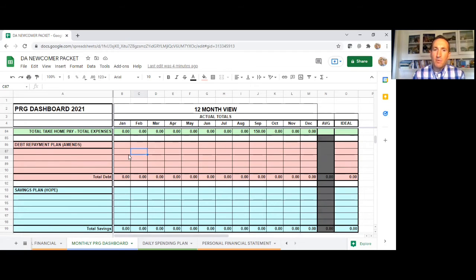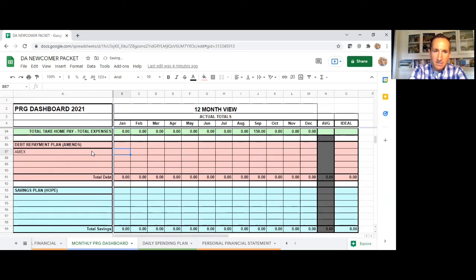So, for example, February, let's just do one example. Say we owe Amex $2,000, which is probably not absurd. If we make a $100 payment toward them at the end of February, when we're tallying up our totals, what we want to put here is what the ending balance is.